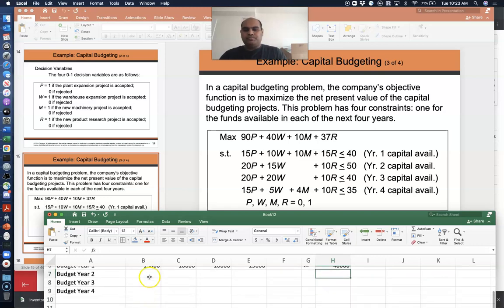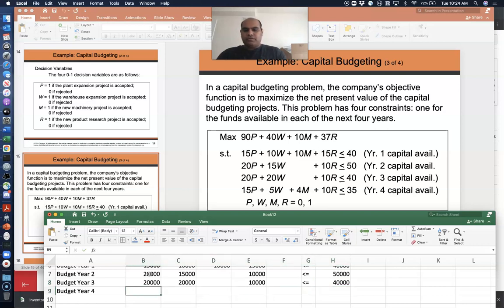Year 2, 20,000, 15,000, 0, and 10,000 has to be less than or equal to 50,000. Then 30, 20,000, 1,000, 10,000, less than or equal to 40,000.